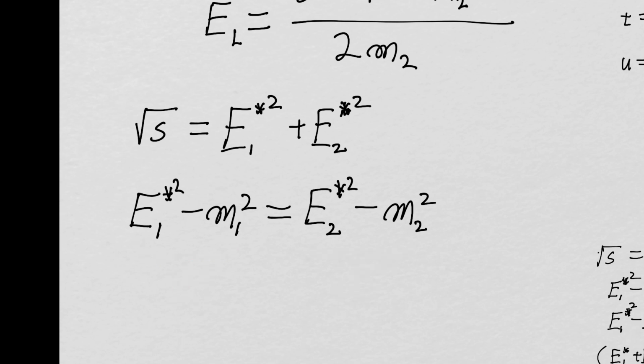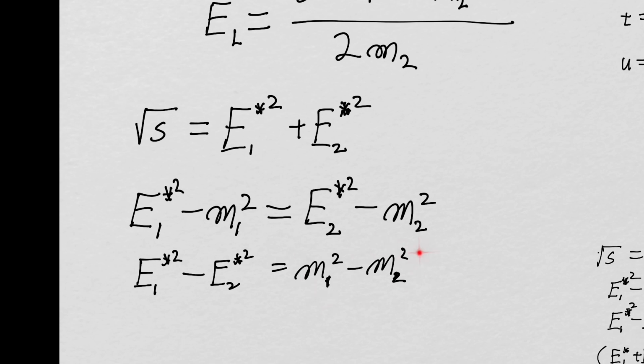Now, since ultimately we're looking for a formula for just E1, this is going to take some manipulation, but we want to do this as our next step. E1 star squared minus E2 star squared equals M1 squared minus M2 squared. And you might motivate this by saying, well, I want the invariant stuff on the right, and I'm looking for a formula for E1, so maybe this is a way of getting there.